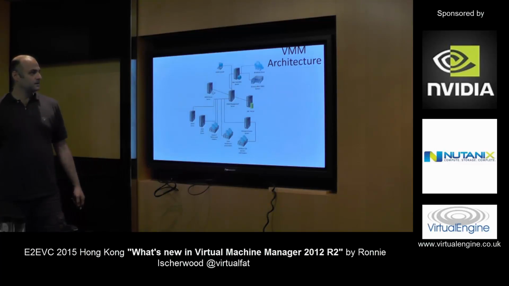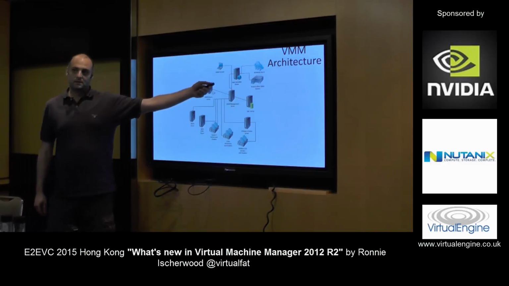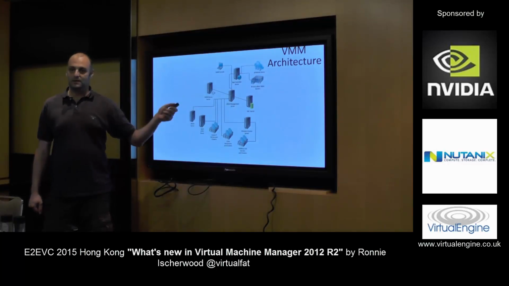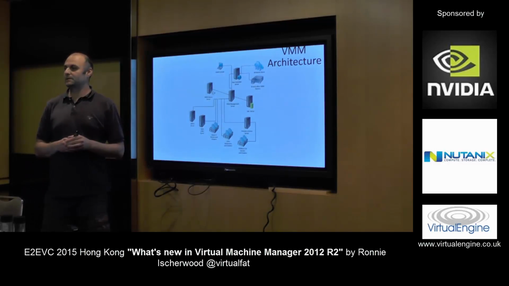Okay, the next piece is the App Controller server. Now this is something that I was using, I'm not using now, and I'll explain why when I talk about some new features. This is a separate HTML5, no, Silverlight app, I believe, which allows you to point a web-based interface at up to 5 different VMM implementations.